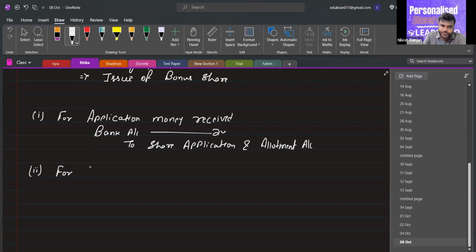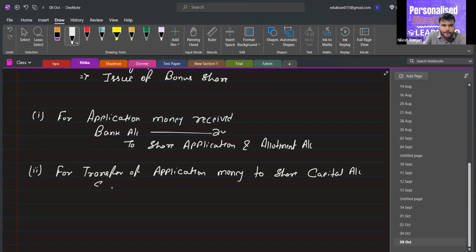So for transfer of application and allotment money to share capital, the next entry is share application and allotment account debit to share capital and to securities premium reserve account.